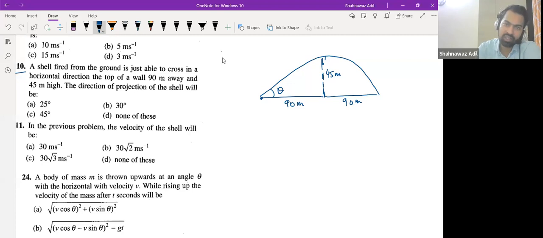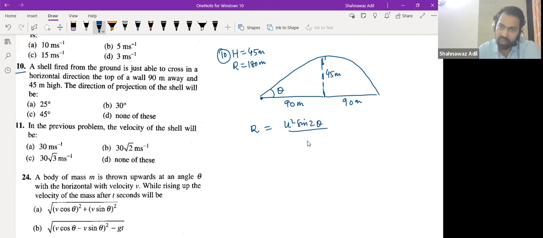And what are the things which are given? We are given H, which is 45, and R, which is 180. So how can we calculate? Let us write R as U square sine of 2 theta by G, and H as U square sine square theta divided by 2G.